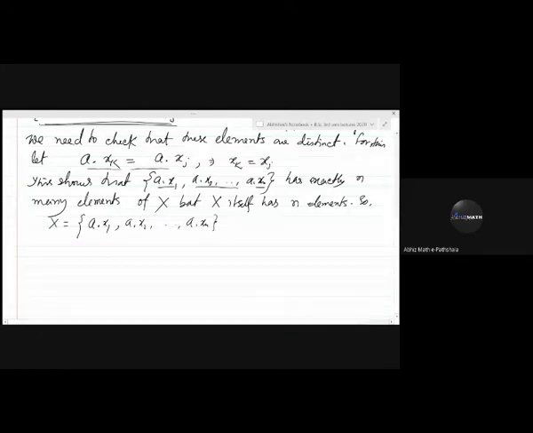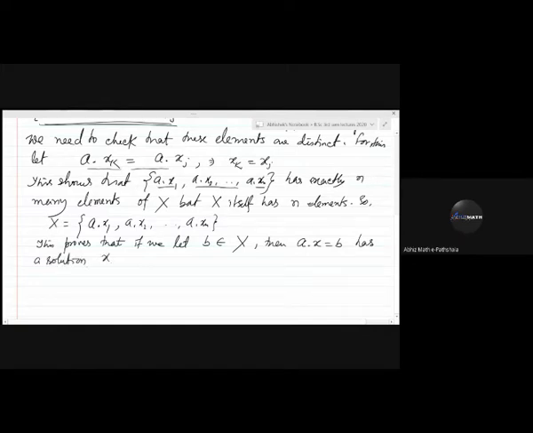And this proves that if you let any b belong to X, then a·x = b has a solution.